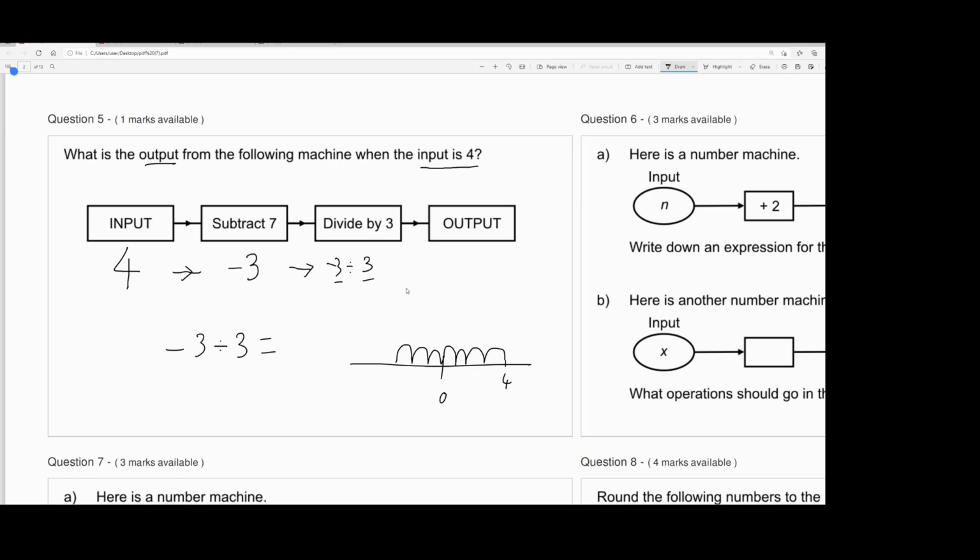Well, -3 divided by 3 is going to be -1. So that would be our answer there.